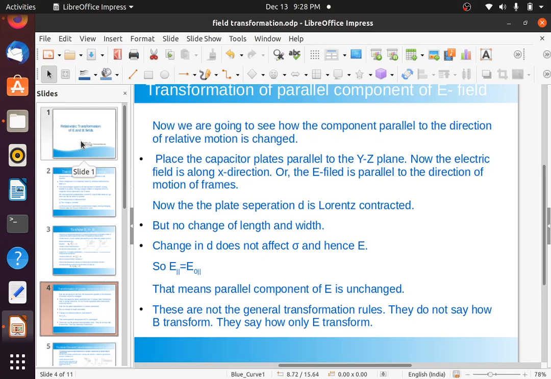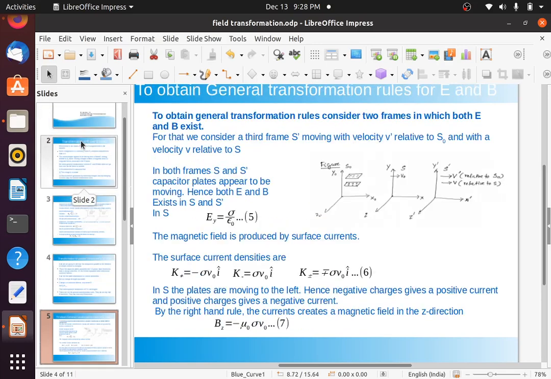So we have to go for the general transformation rule. For that we consider another frame along with the two frames. This S dash frame is moving with velocity V dash with respect to the S0 frame and V with respect to the S frame.